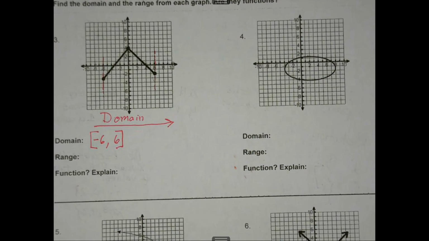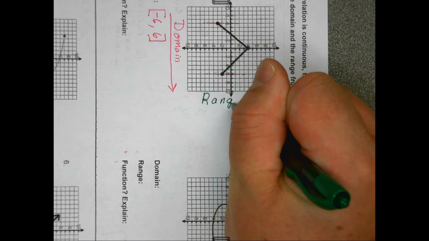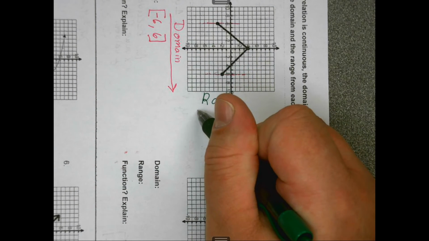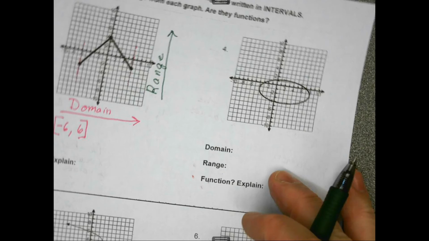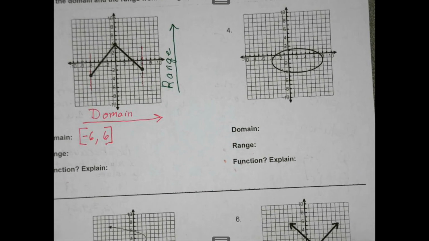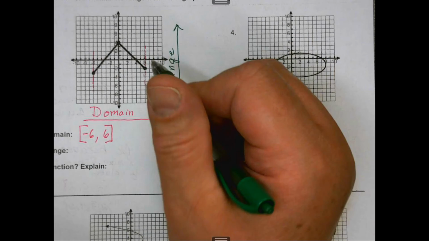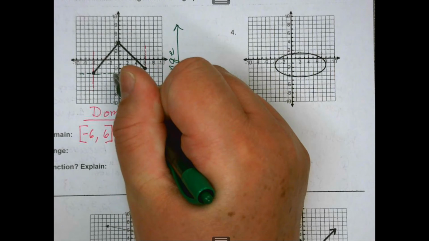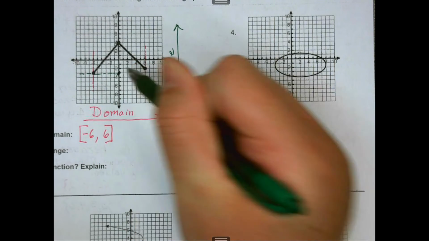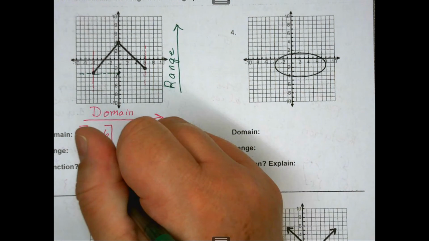Now the range is going to go from lowest to highest. Looking at my relation here, this one's going to be the lowest point, and it starts on my y at -3.